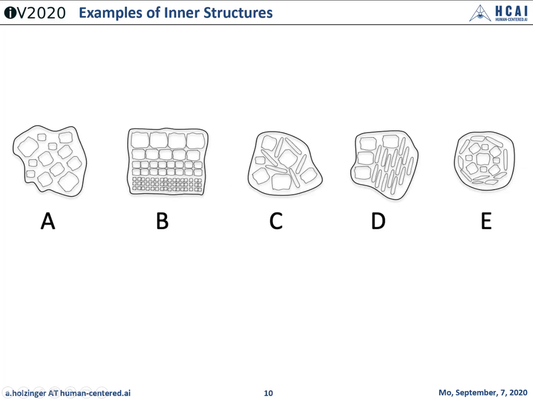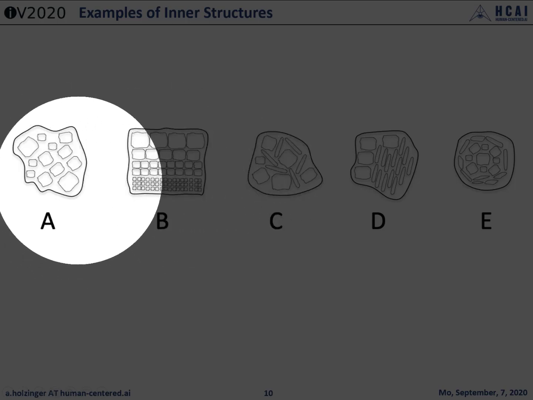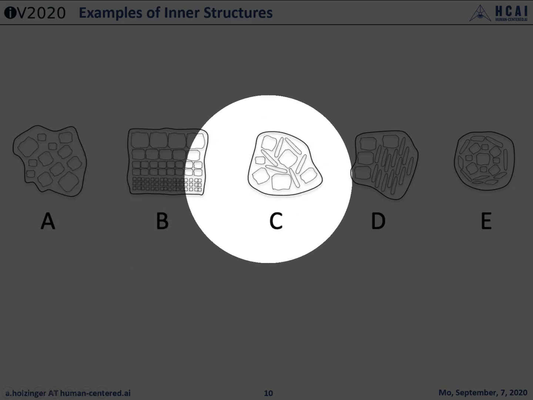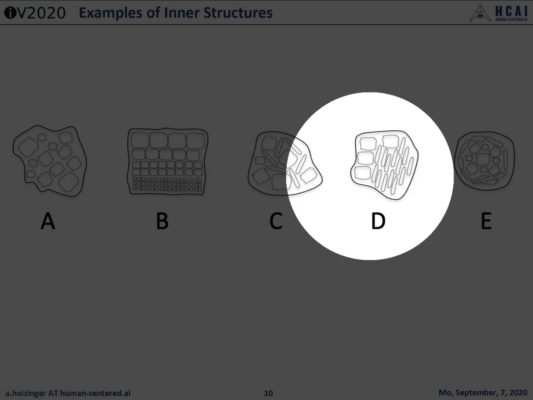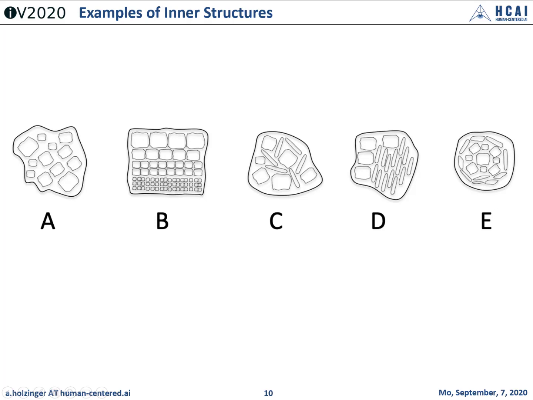And moreover, there are inner structures, for example, here, random inner structure, or an aligned or rastered inner structure, or a mixed inner structure, or an adjacent inner structure, or a circular inner structure, and so on.